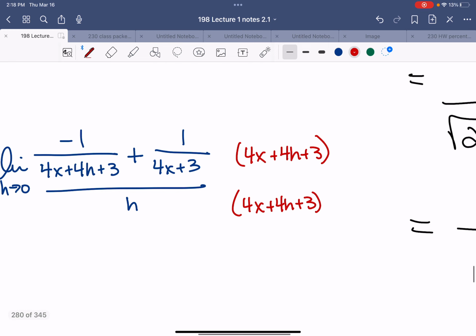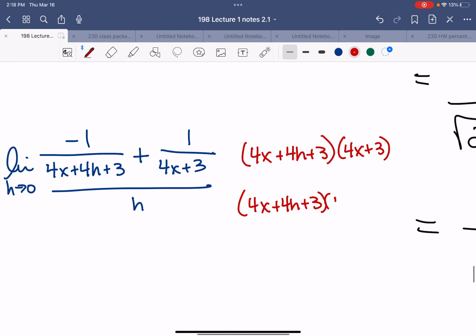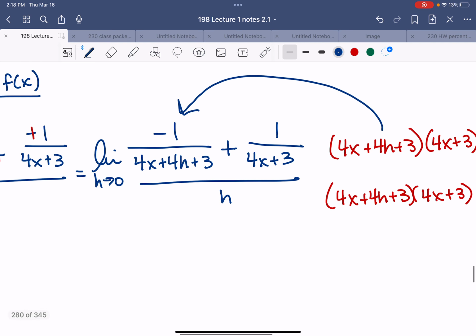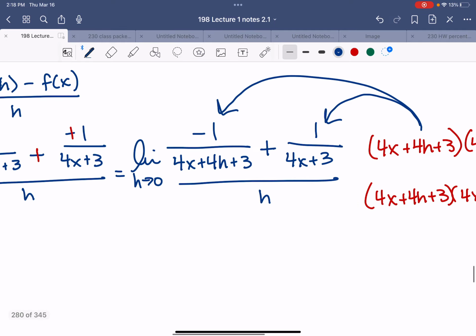But I also have to clear out the 4x plus 3. So I'm going to multiply by 4x plus 3 on the top and 4x plus 3 on the bottom. Okay. That way, when I go to distribute this to this fraction, the first piece will cancel and I'll only get the second one. And when I distribute it to here, the 4x plus 3 will cancel and I'll be left with the other piece.